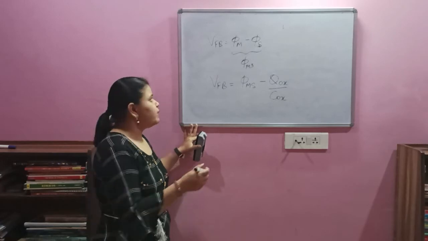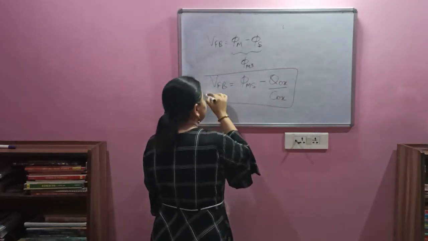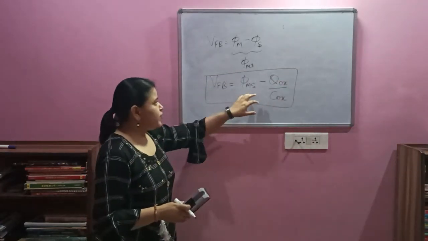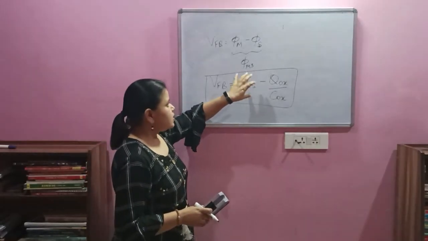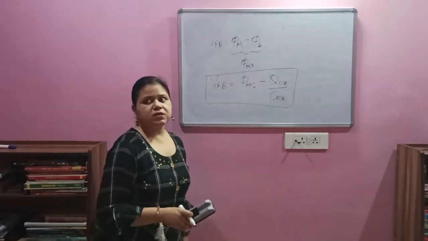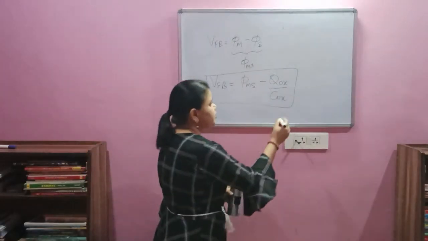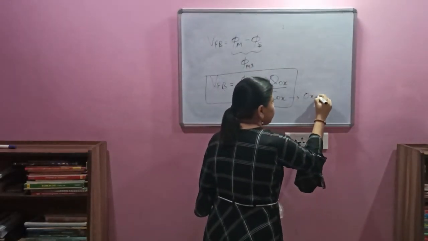So the flat band voltage is now defined as the work function difference minus Q oxide upon C oxide.